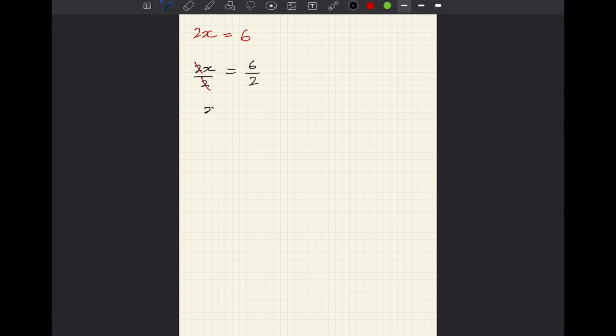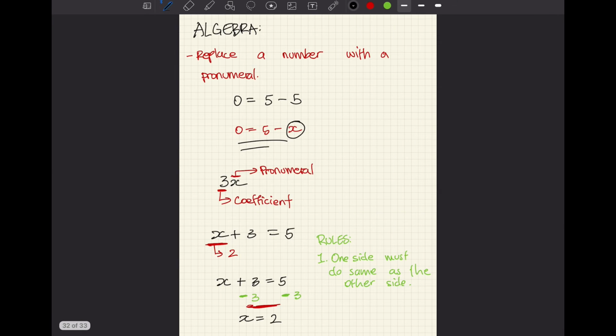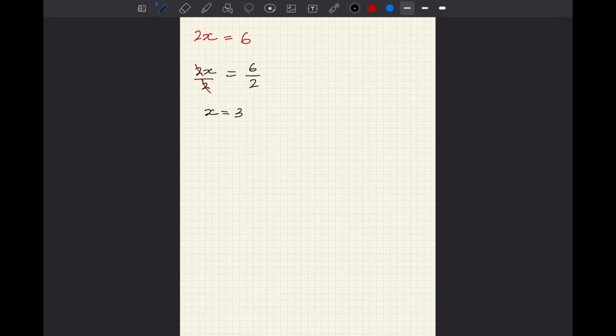So the answer is going to be x equals 3. Okay, so these are simple, but this rule applies everywhere. So later on, we'll start seeing polynomials and quadratics, and there we'll start using this in a much more complex and sophisticated manner.